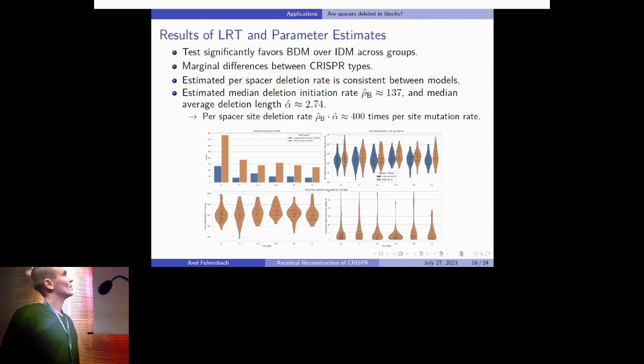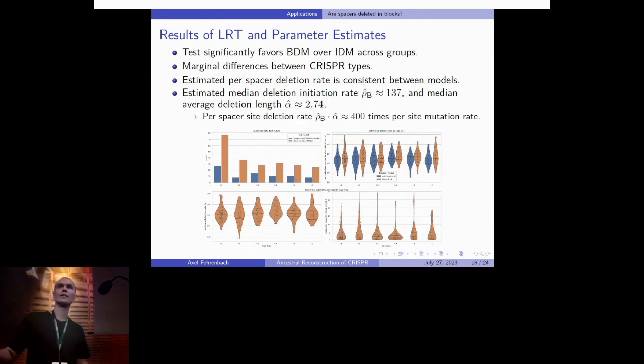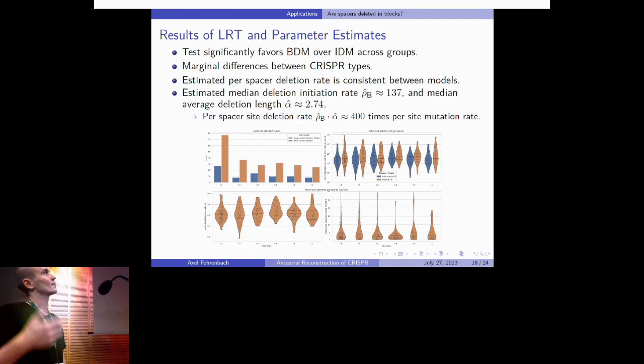The other thing I want to point you to is the last point, where we have the per spacer site deletion rate, which is roughly rho times alpha, which is around 400. Since we're using trees based on the core genome, which are on the per site mutation rate scale, we know that this per spacer site deletion rate is 400 times higher than the per site mutation rate, in this mean or median case.